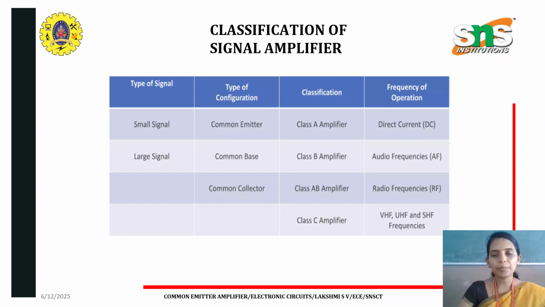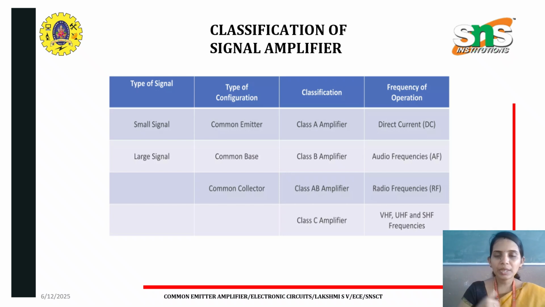Let us see the major classification of signal amplifiers. Here there are two types based on the signal, that is small signal and large signal. Based on the configuration, we have common emitter, common base and common collector.